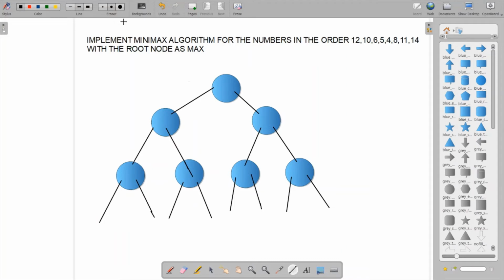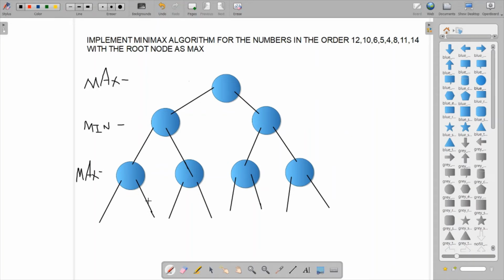It's also given that the root node is a max node. So this root node is going to be a max node. We know that after max it's going to be min, so this level is going to be min, and this one is going to be max again.